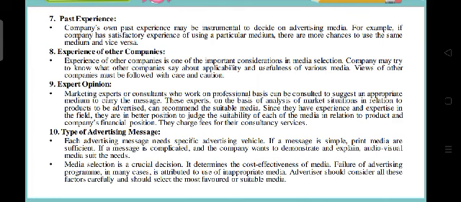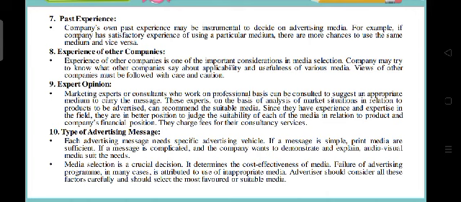The next one is expert opinion. Marketing experts or consultants who work on a professional basis can be consulted to suggest an appropriate medium to carry the message. It means you can take suggestions from expert opinion, and carry the message according to whatever they suggest. These experts, on the basis of analysis of market situations in relation to products to be advertised, can recommend the suitable media.